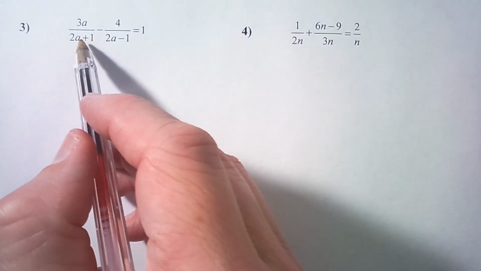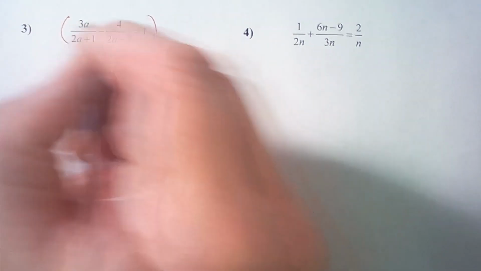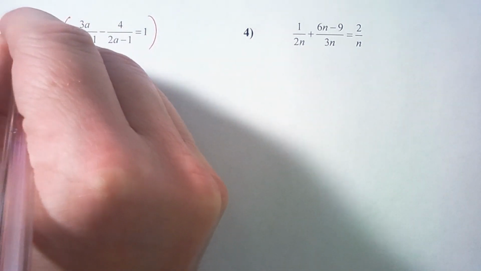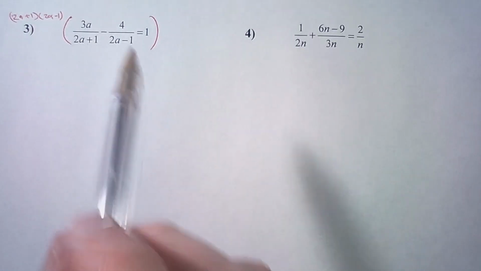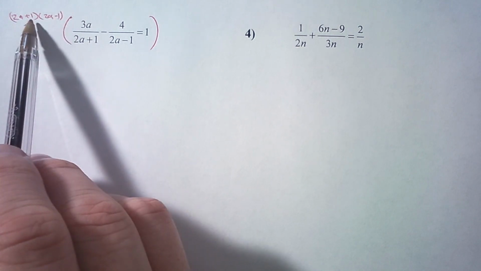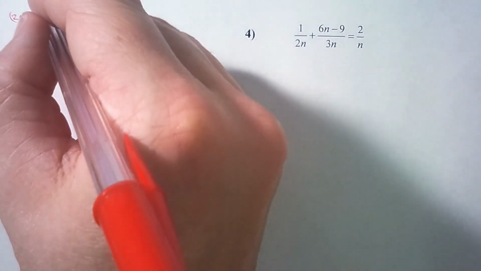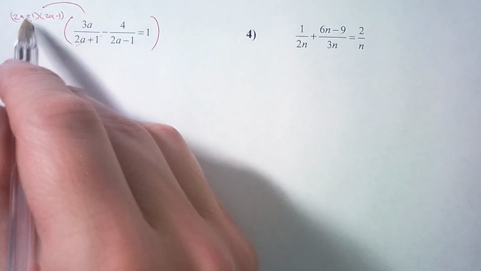So on this next one, we have two different factors in the denominator. We have 2a plus 1 and 2a minus 1. Okay, and that is a pair of conjugates. You may remember that word. They're almost the same binomial, but one has a plus, one has a minus. When I distribute here, 2a plus 1 cancels.